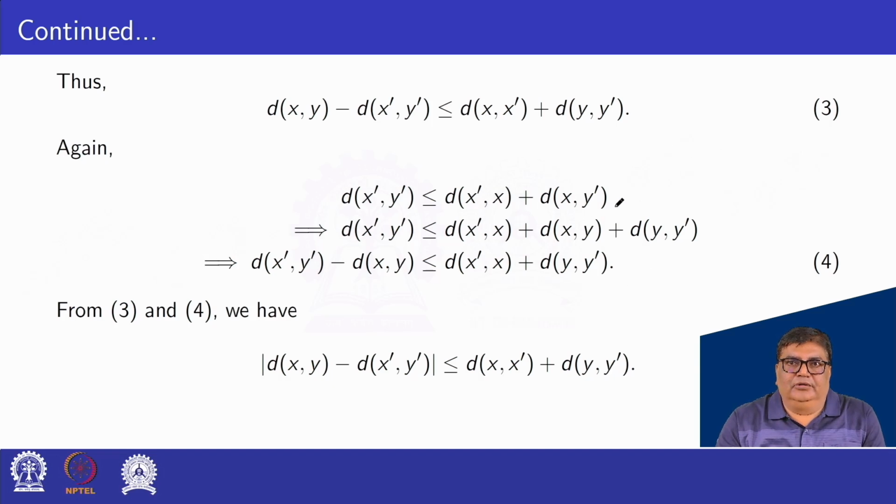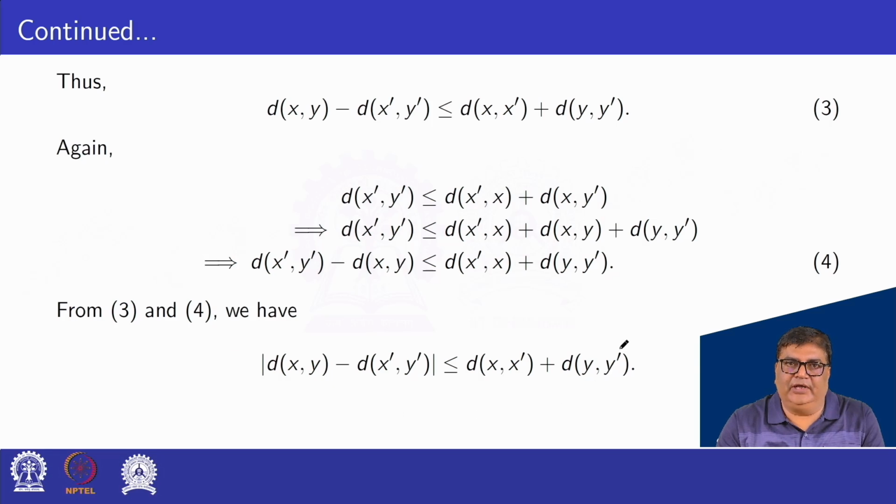Therefore, from 3 and 4 we can write the absolute value of d(x,y) minus d(x',y') is less than or equal to d(x,x') plus d(y,y'), because here d(x,y) minus d(x',y') is less than or equal to d(x,x') plus d(y,y'), and in equation 4 the position of the left side is reversed: d(x',y') minus d(x,y) is less than or equal to d(x',x) plus d(y,y').